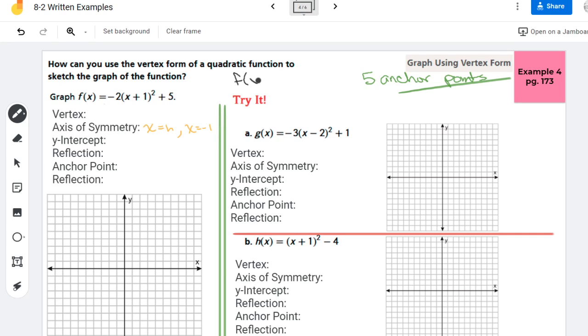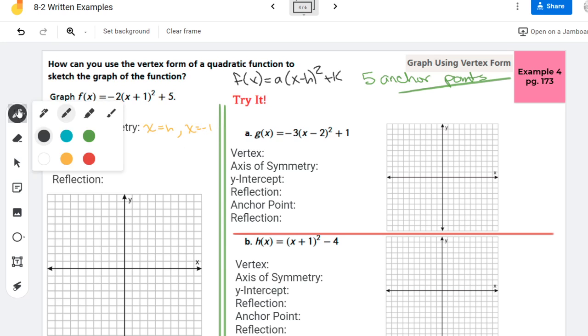The vertex form looks like this. Because there's a negative in front of that h, we have to flip our sign when we identify things here. So on this graph, my axis of symmetry is occurring here at x equals -1.